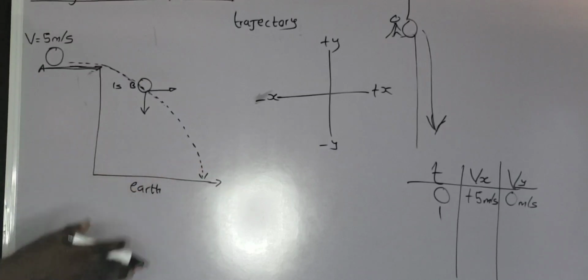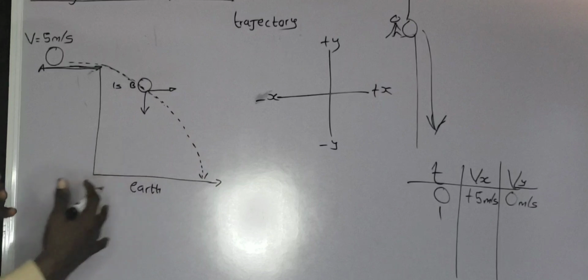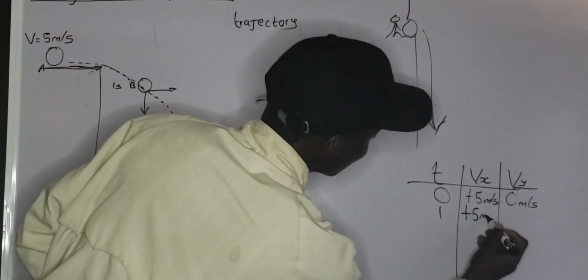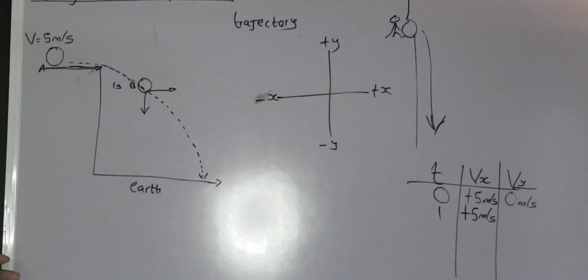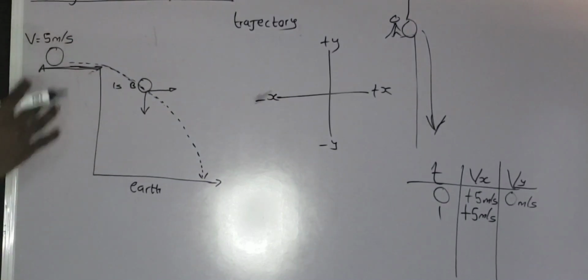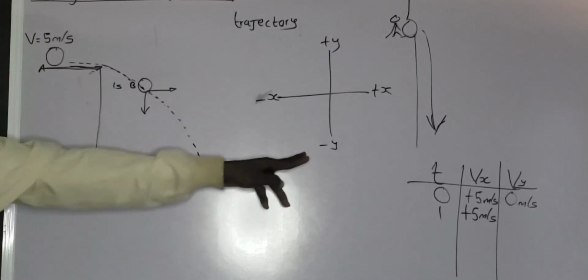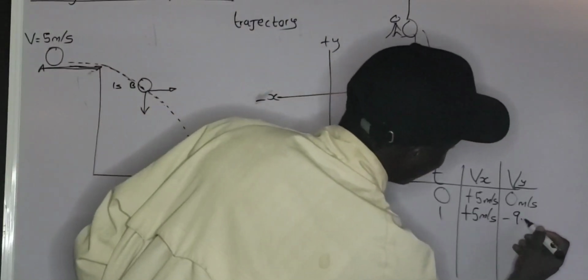Do you understand? So now, the velocity of the ball along the horizontal axis will still remain plus 5 meters per second. But the velocity of the ball along the vertical axis, that will be what? Negative 9.8, because the ball is now moving towards the direction of negative y-axis. Do you understand? So I'm going to have minus 9.8.